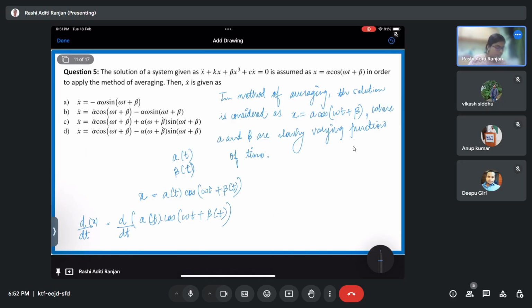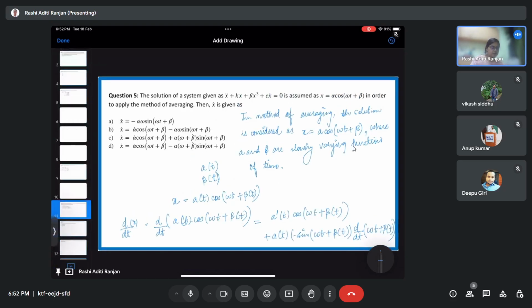Differentiating the first term, we have a dash cos of omega t plus beta t. Then we have a of t into the differentiation of cos, which is minus sine of omega t plus beta of t, multiplied by d by dt of omega t plus beta of t.